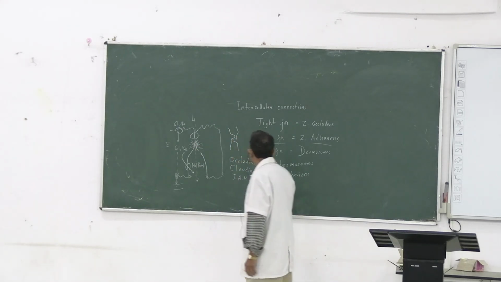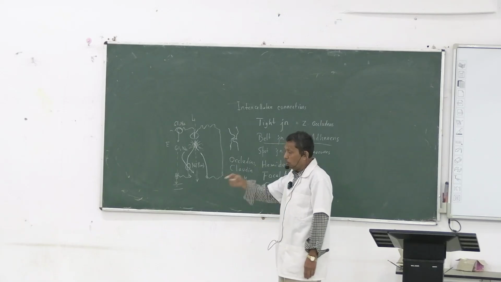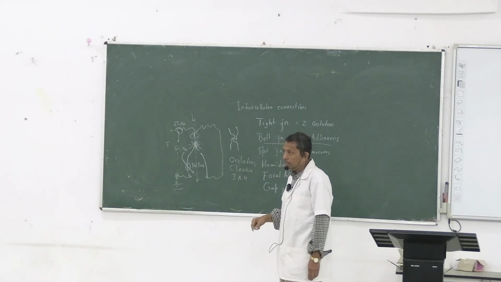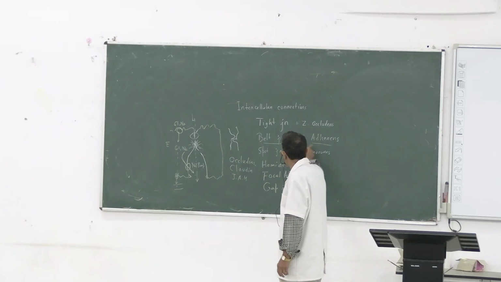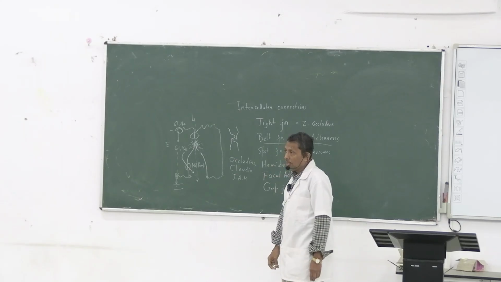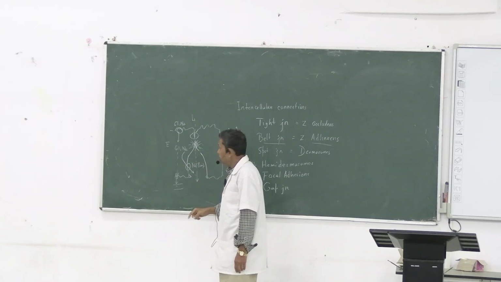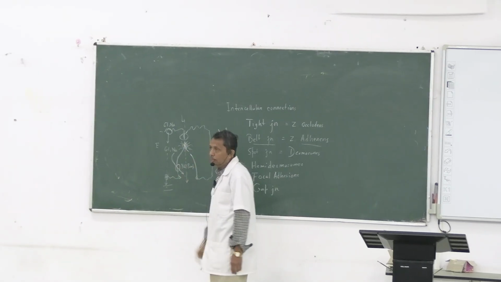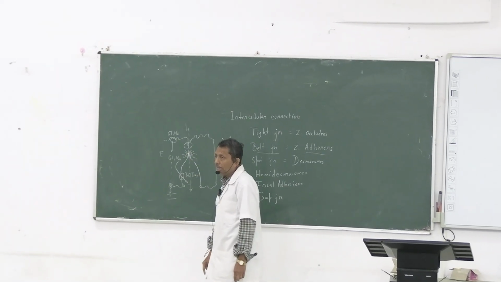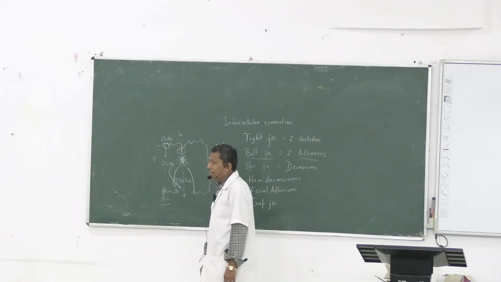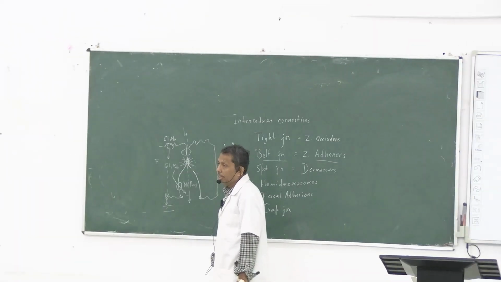It is called belt junctions. They almost surround the cell like a belt. Belt junctions are called zonula adherens, and they are attached to microfilaments within the cells. And there are some transmembrane proteins. And they also contain catenins.